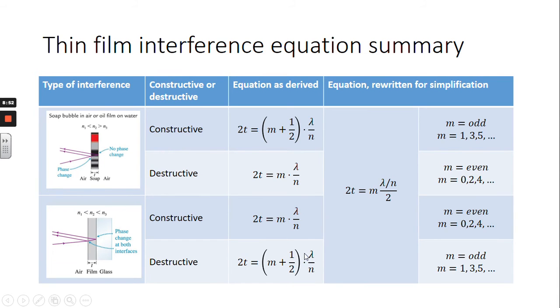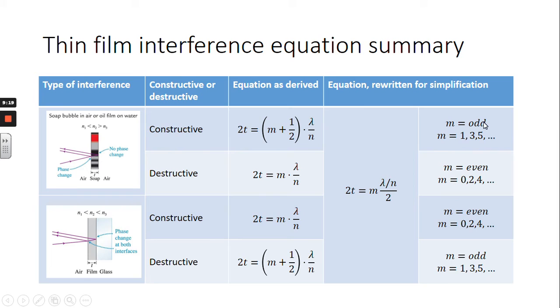We can summarize this together. And in fact, if we do a little bit of math manipulation, overall, your thin film interference equation looks like this. Twice the thickness is equal to the order of bright spot that you're interested in times wavelength over index of refraction divided by 2. This equation works for constructive interference with our soap bubble or oil film.